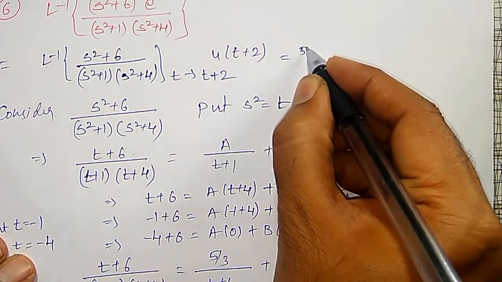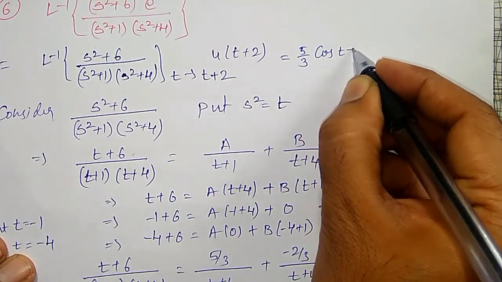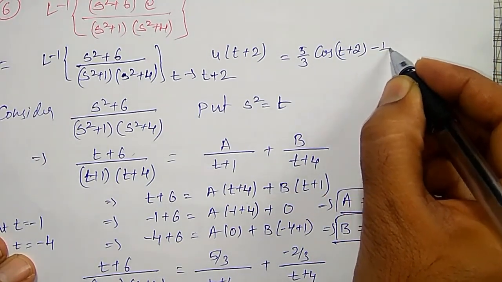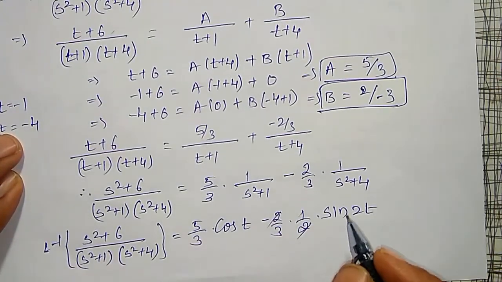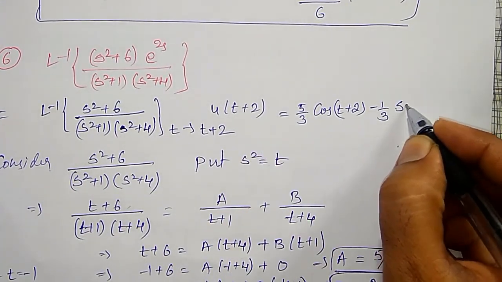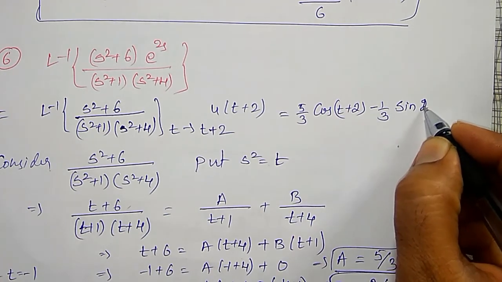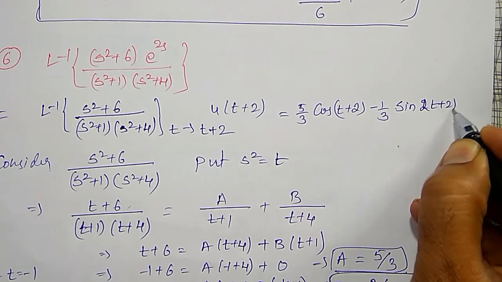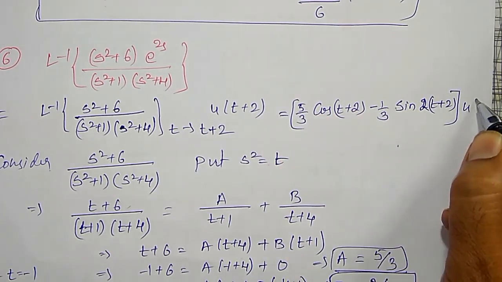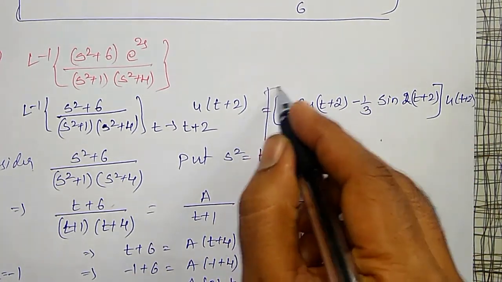Therefore, it is 5 by 3 into cos of t plus 2 minus 1 by 3 into sine 2t, where again t is replaced by t plus 2: sine of 2 into t plus 2, into u of t plus 2, is the required final answer.